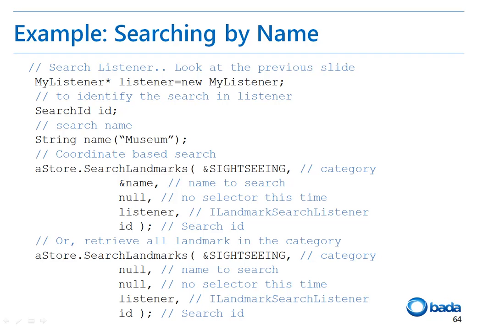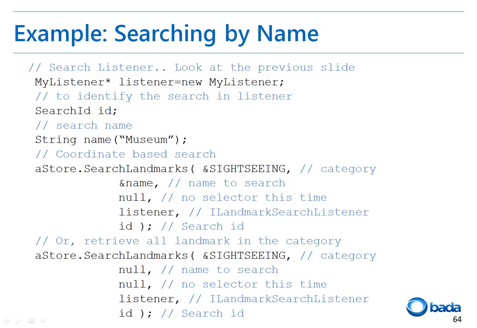Let's look at how to search for a landmark by its name. Basically, the procedure is similar to the previous sample code. First, the listener needs to be created. The search landmarks function of the landmark store class is called with the category and the content to be searched for, which in this case is the name.